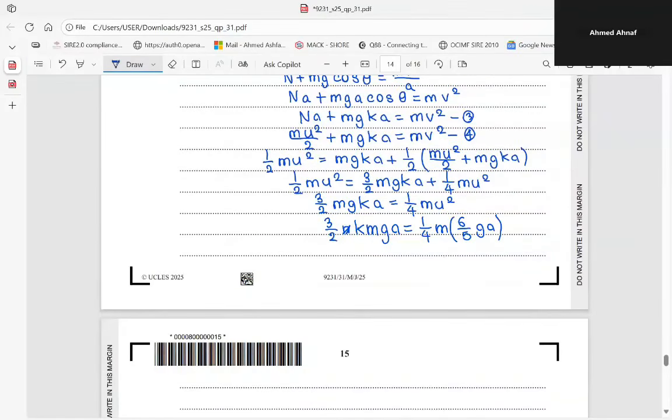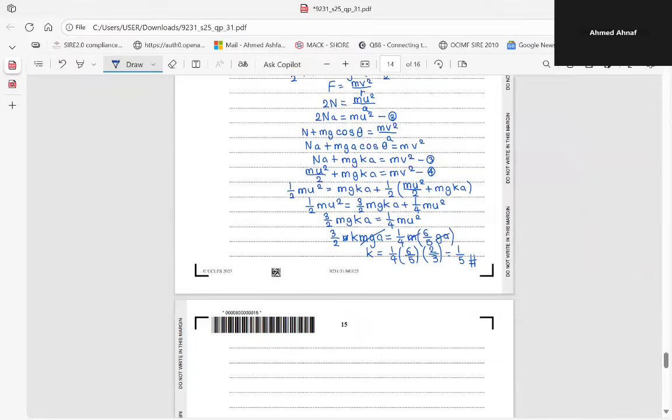Now we can cancel m g a from both sides of the equation, and k will just be 1 over 4 times 6 over 5 times 2 over 3. This gives us 1 over 5 as our final answer. So this is our final answer for the first part.